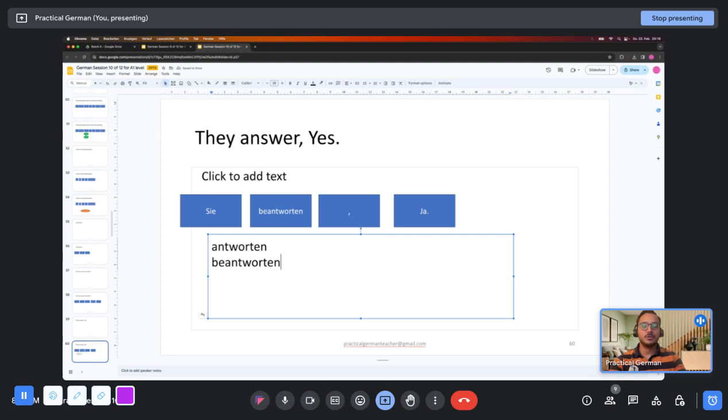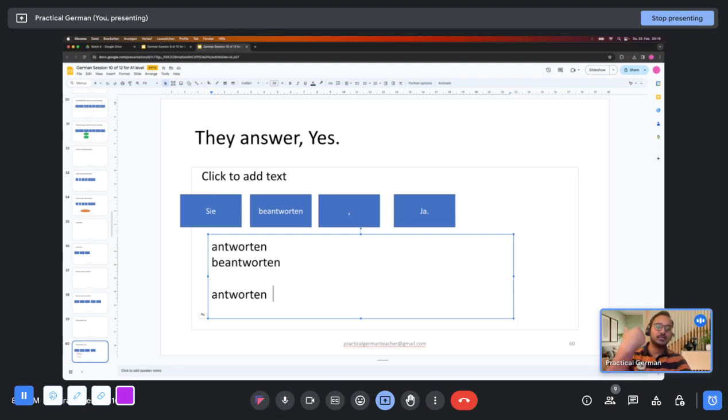They both mean to answer or to reply, but when you use antworten, the object, the one on the receiving end of what you are answering, has to be a person. For example, he is answering me, he is answering us, I answer her, I answer him.